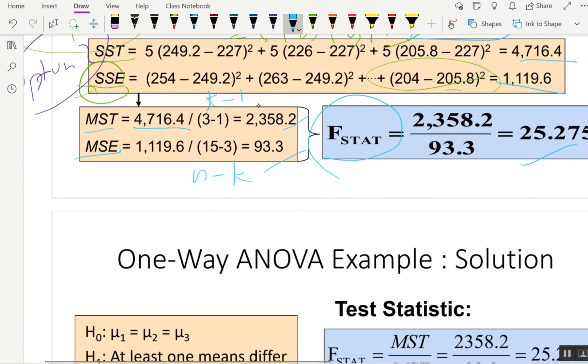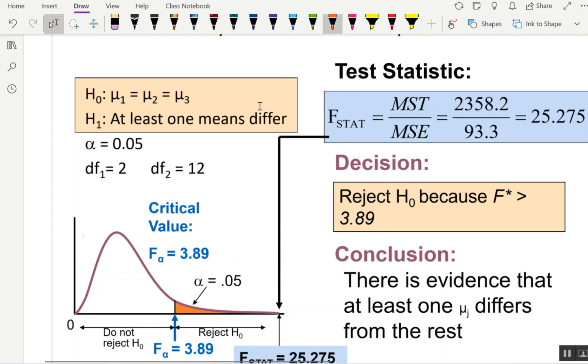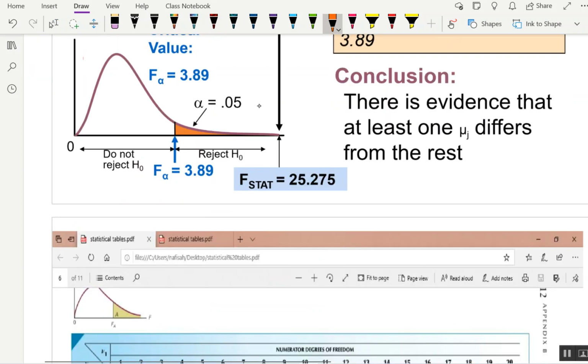This numerator is for MST, right? So for numerator you use k minus 1, and for denominator you get 15 minus 3, so you get 12. Okay, denominator is the one down, numerator is the one at the top. So you get numerator 2, denominator 12, alpha 0.05, and you have this hypothesis, and you know that this is how the F table looks like, right?